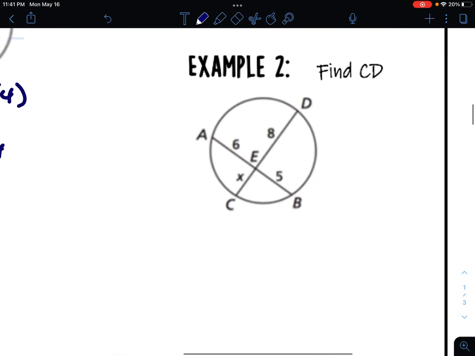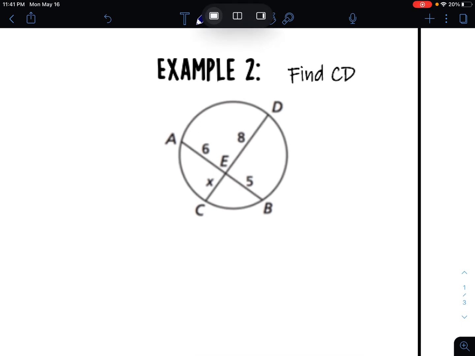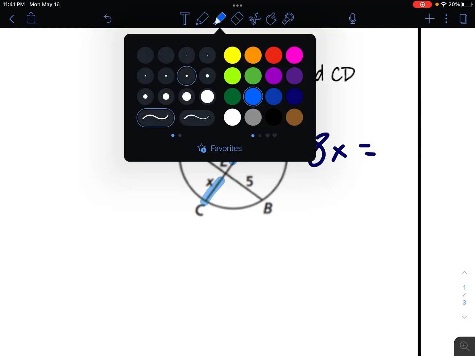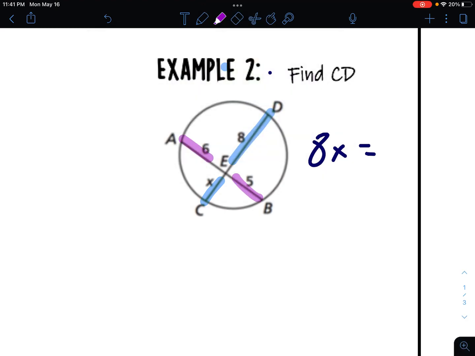Same thing down here. It's asking us to find the side length of C to D. So we have these 2 measurements multiplied together. The product is equal to the other product, 6 times 5, just 30. Divide both sides by 8.